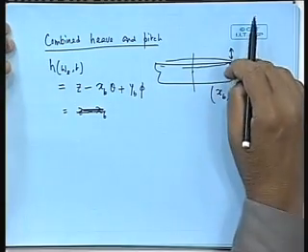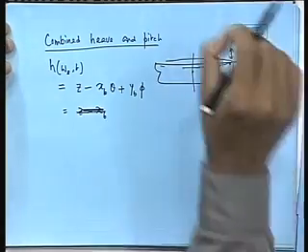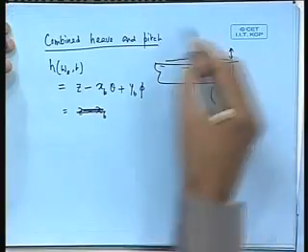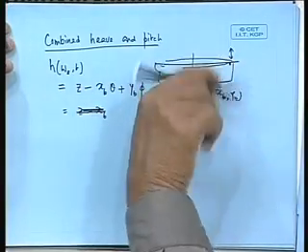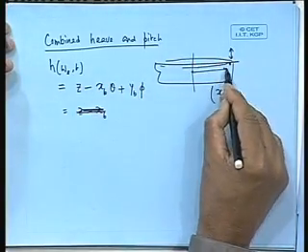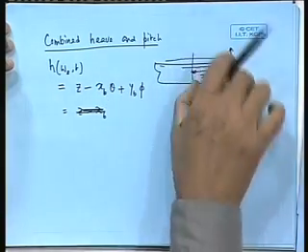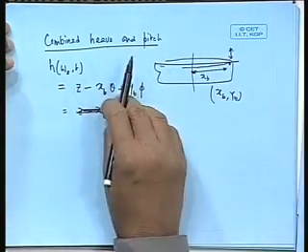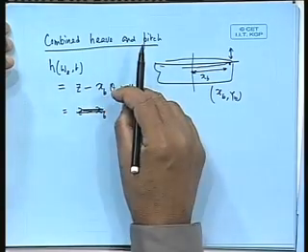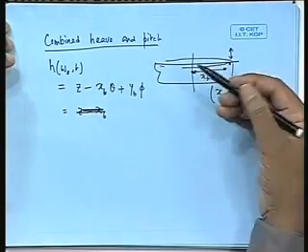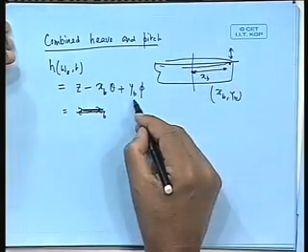What happens is that the vertical height, how much it moves, will depend on how much the full body moves, z, plus how much it is pitched. Supposing this is xb, then if it is pitched by angle theta, it will actually have a z value of xb into theta. That is a contribution that comes out. Similarly, if it rolls, because it is not on the center line, it will have yb into phi.